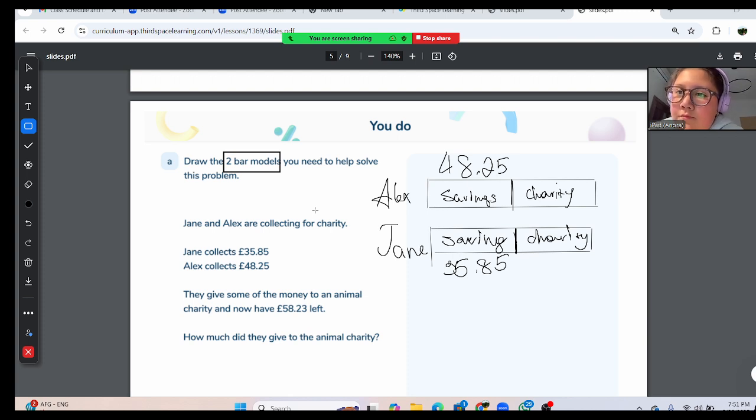The charity they have given and the amount they are left with. Okay, you wrote that saving. Okay, you are showing the collect like the charity. Okay, fine.